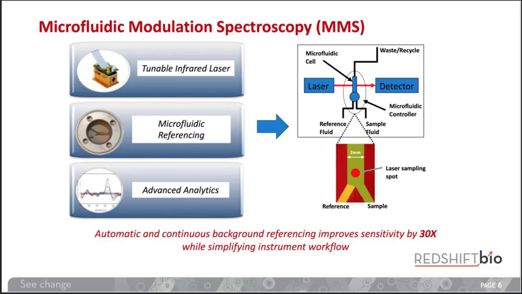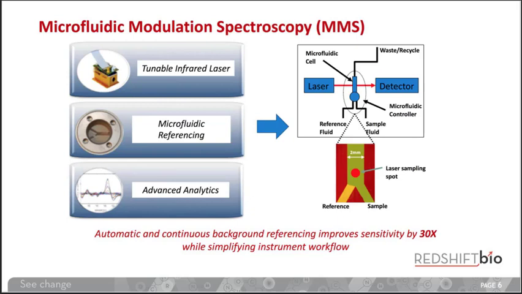Our source here is our tunable laser instead of, say, a glow bar, so it's extremely bright. It allows us to use a much simpler detector, a TE-cooled detector, and in between we have our fluid cell. Now this cell is actually designed with 2 inputs, one for a reference fluid and one for a sample fluid.